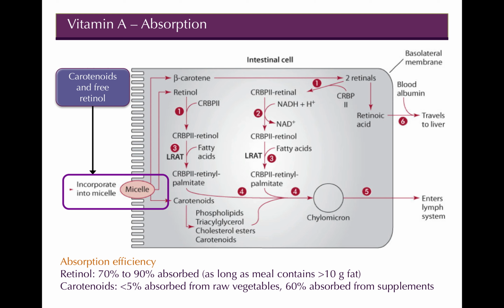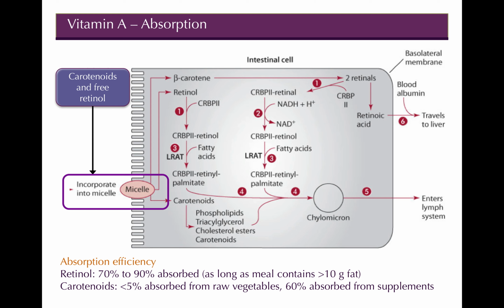This plays into the fact that people on very low fat diets, people heavily restricting fat, will often end up with fat soluble vitamin deficiencies, because you need at least 10 grams of fat to invoke proper micelle formation. So it slows down or impedes absorption with really low fat diets.